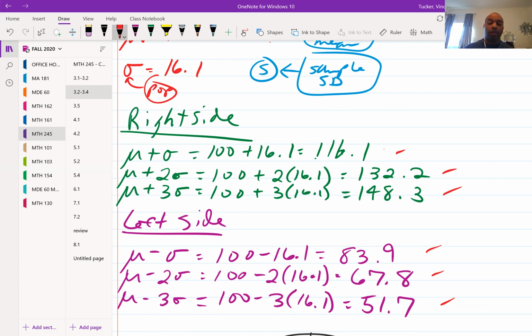So this will always be the process. You have your mean, you have your standard deviation. Take your mean, in this case 100, add 16.1 to get the first one, add 16.1 again to get the second one, add 16.1 again to get the third one. And then on the left side, you're going to subtract 16.1 3 different times, and you will get your 3 values.